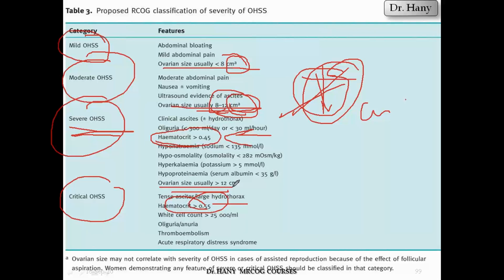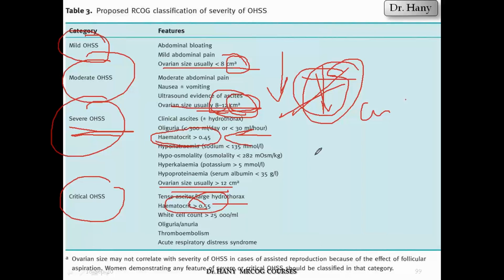Mild and moderate can be treated as outpatient with drinking water guided by thirst. If the woman cannot tolerate oral fluid, she needs admission. Once she needs admission, she needs low molecular weight heparin. As outpatient, she can use elastic stockings and come every 2 to 3 days to repeat the assessment and repeat the investigation.